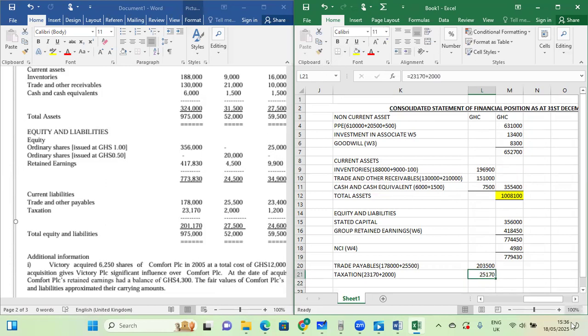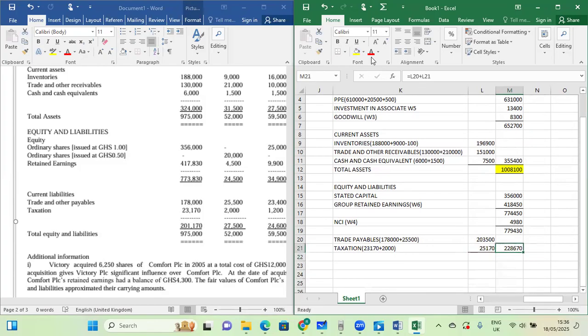Now we add them. Right. So now we don't balance.